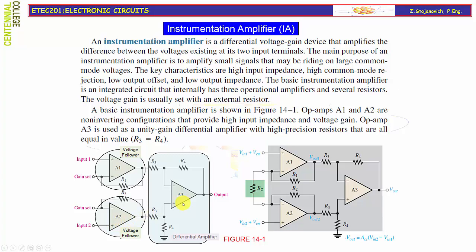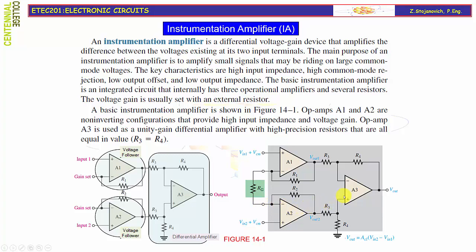So we can explore the properties of the instrumentation amplifier. As I said before, sometimes the gain of the instrumentation amplifier can be controlled by introducing either an external or internal resistor RG, and by setting different values, we can provide different voltage gains of the instrumentation amplifier.